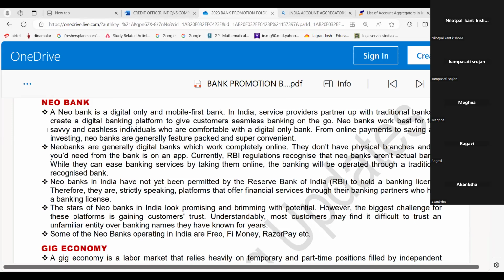The future of neobanks in India looks promising and brimming with potential. However, the biggest challenge for these platforms is gaining customers' trust. Understandably, most customers may find it difficult to trust an unfamiliar entity over banking names they have known for years. Some of the neobanks operating in India are Fino, Fi Money, Razorpay, etc.